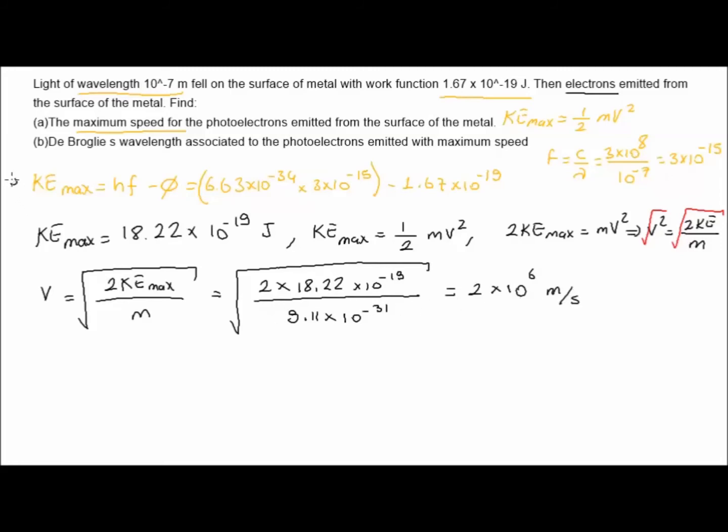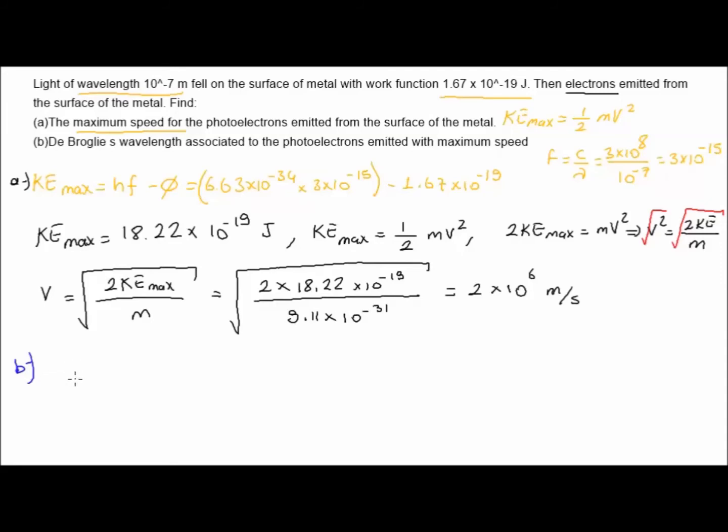This is the solution for A, and for B it says de Broglie wavelength for the maximum speed.